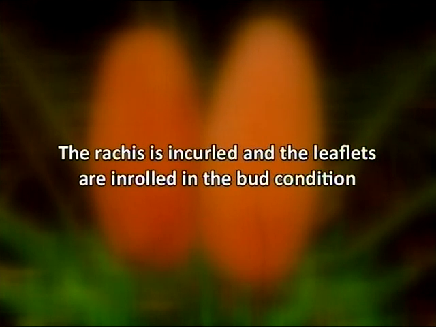Like the ferns, the rachis is incurled and the leaflets are enrolled in the bud condition. The vernation is thus of the circinate type. A new cluster of leaves is formed every year or every second year. In the interval, the succession is kept up by the production of scale leaves.